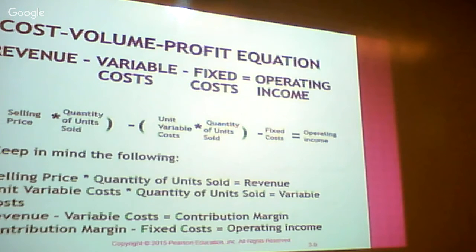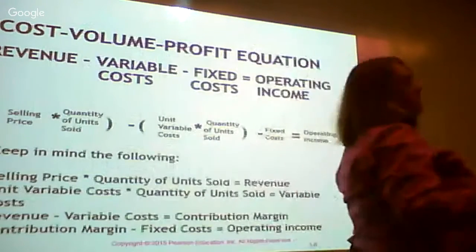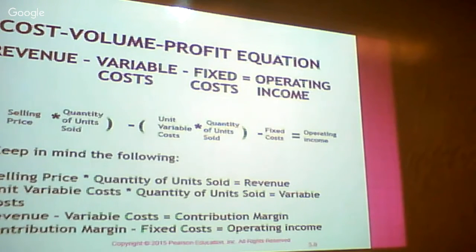And then we have the fixed costs. And so, say if you know the units sold, say we sold 100 units, or we know the selling price and we know the variable cost price, say the selling price is 5 and the variable cost is 2, minus 1,000 fixed cost equals 5,000. So you can take that, say my selling price was $5, my variable cost is $3 per unit.